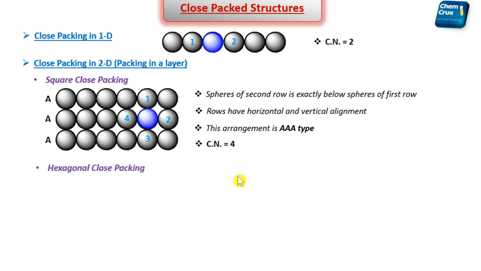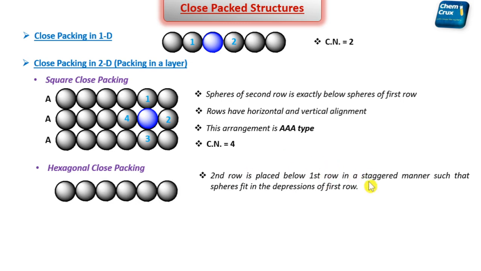Next is hexagonal close packing. So again we will arrange the spheres in a row just as in 1D. Now the spheres of the second row can be placed in a staggered manner such that the spheres of the second row will sit in the depression of the spheres of the first row like this.